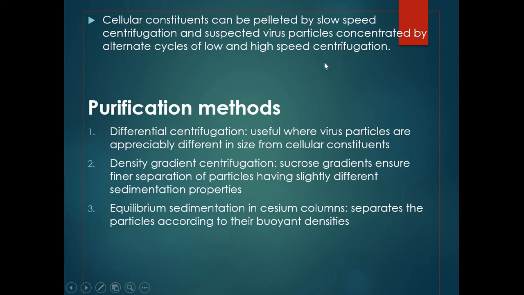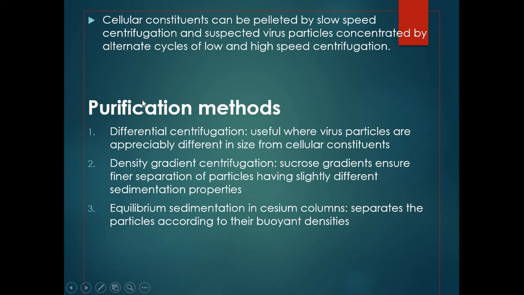Virus can be separated by using slow and high speed centrifugation, while cell constituents can be pelleted by using slow speed centrifugation.